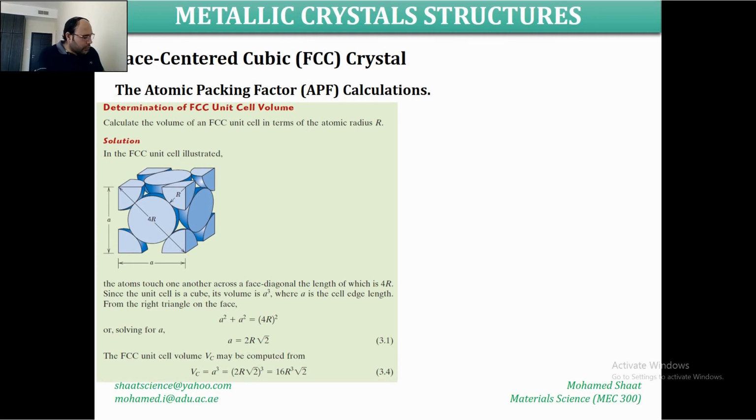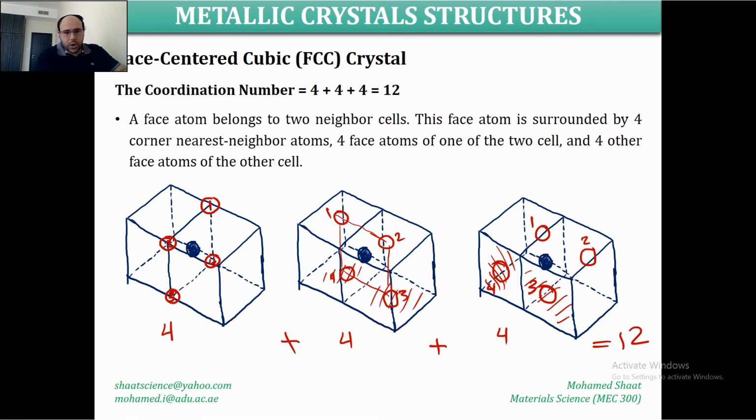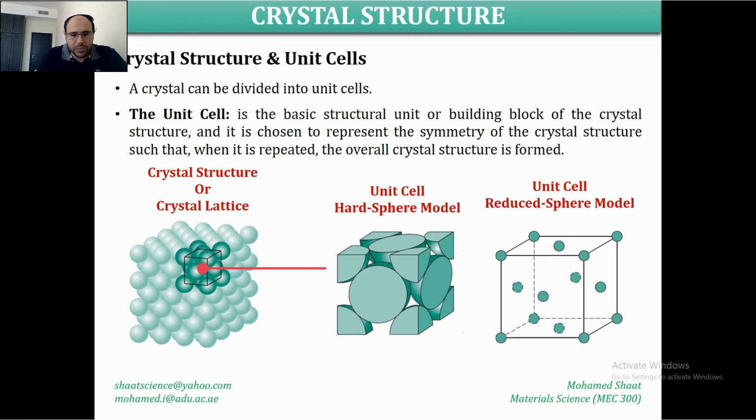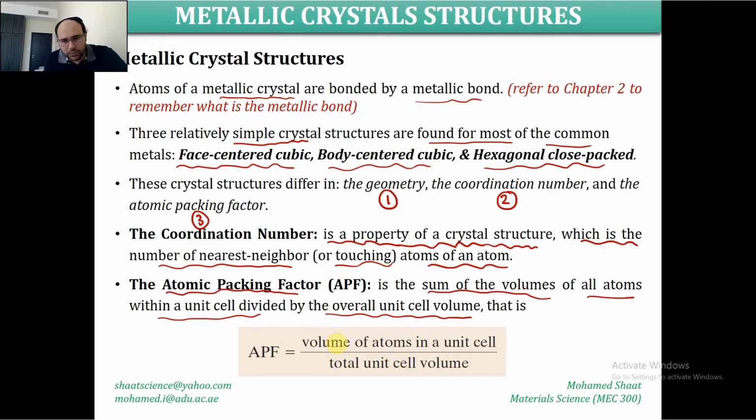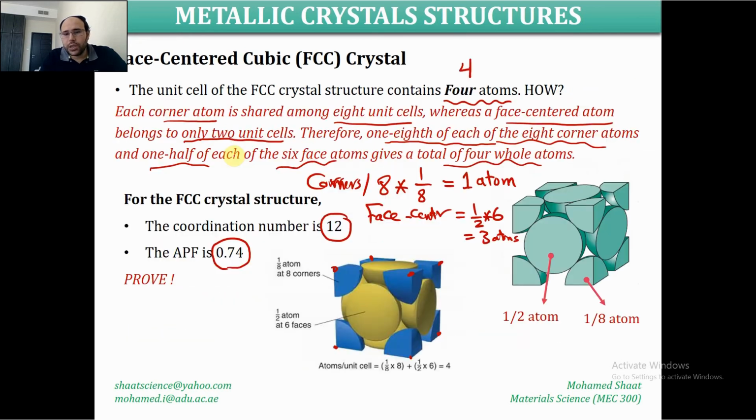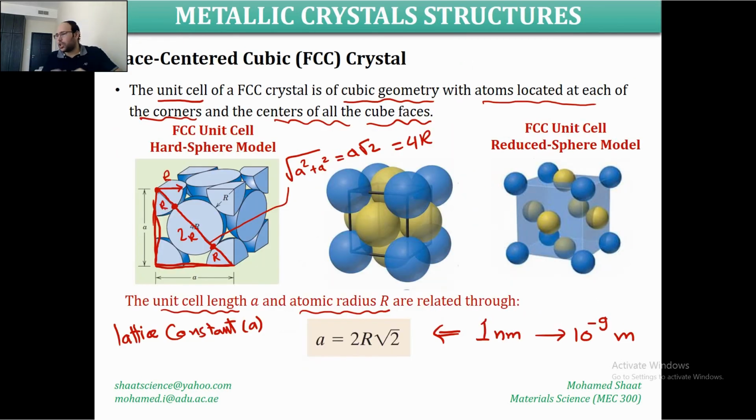So to prove this, let us consider the equation of the atomic packing factor. We mentioned that it equals the volume of all atoms inside the unit cell divided by the total volume of the unit cell. For the FCC crystal structure, the unit cell has a cubic shape. So what is the volume of this cube? It is the cube of the length of its side.